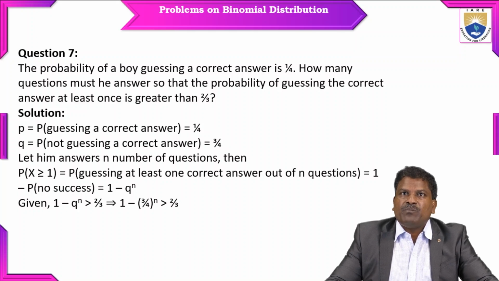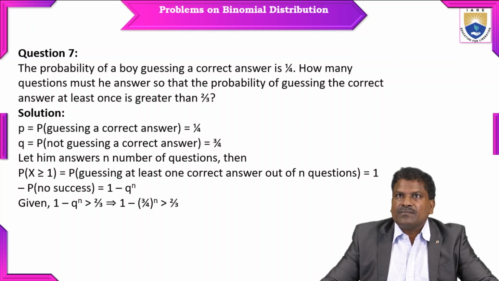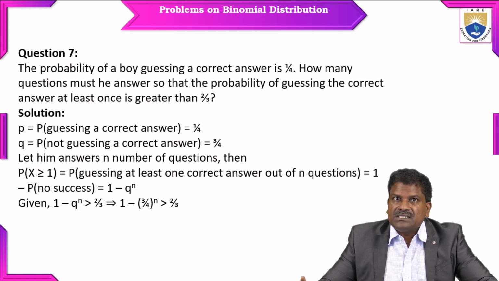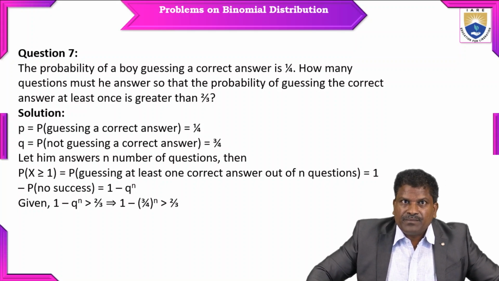Now let us see one more question. The probability of a boy guessing a correct answer is 1/4. How many questions must he answer so that the probability of guessing the correct answer at least once is greater than 2/3? Here, try to understand the question properly.